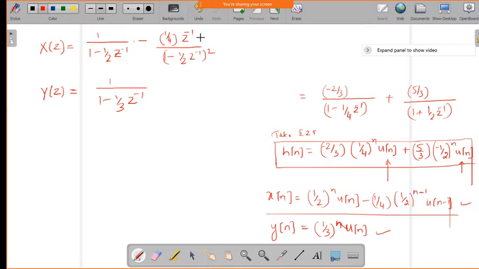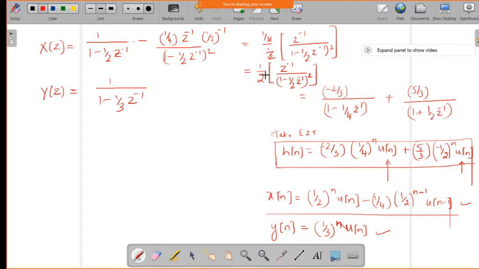So that is half power minus 1 into this one, which will give 1 by 4 by 1 by 2 into z inverse divided by 1 minus half z inverse whole square. So it will cancel each other, and what we will get is 1 by 2 z inverse over 1 minus half z inverse whole square.